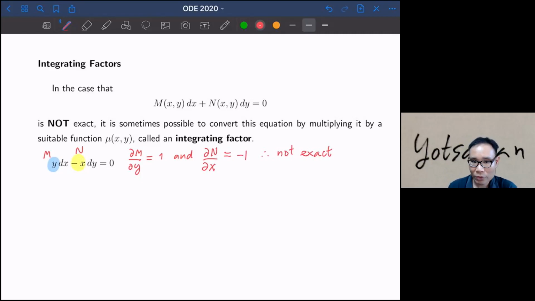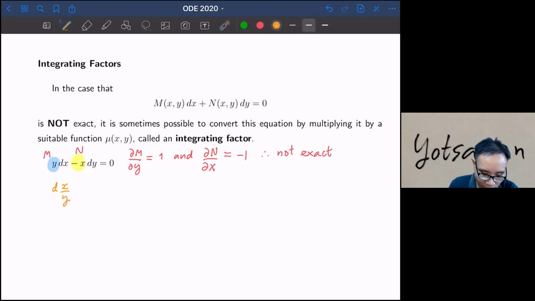The thing that you also see from this equation is that it looks like the quotient rule. If you recall the quotient rule from last semester, you have d of x over y, which is the bottom times the derivative of the top, which is dx, minus the top, which is x, times the derivative of the bottom, which is dy.